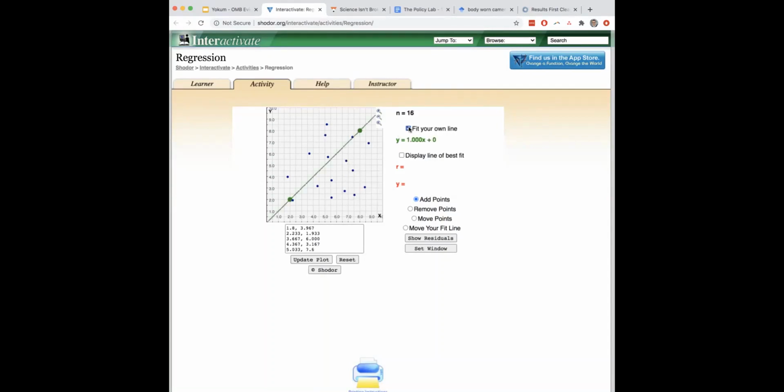And then you can click to fit your own line and play around with the shape of the line that best goes through all of those data points. And then you can select display the actual line of best fit, which is the answer. And you can see here, my intuition was not very good. But this is what a regression line is actually trying to do: draw a line that minimizes the distance to those different points.